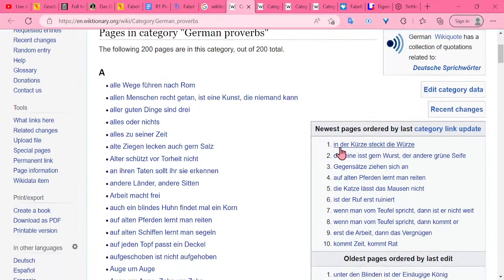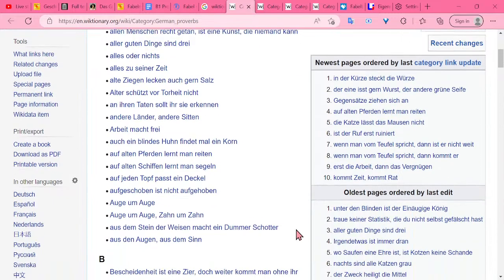I actually read this a few days ago, on a website. This is brevity is the soul of wit. One man's meat is another man's poison. All those pages.